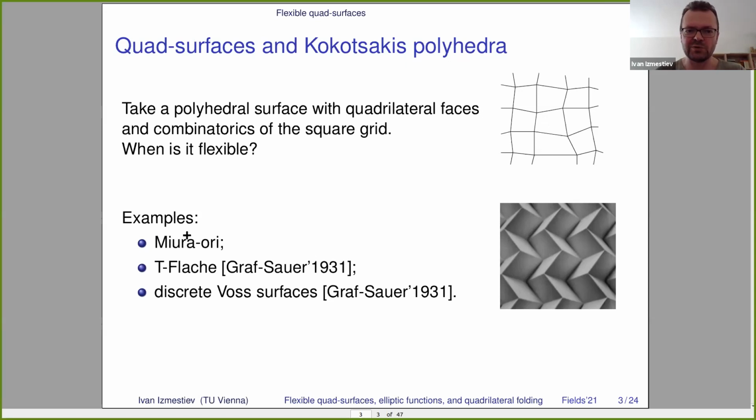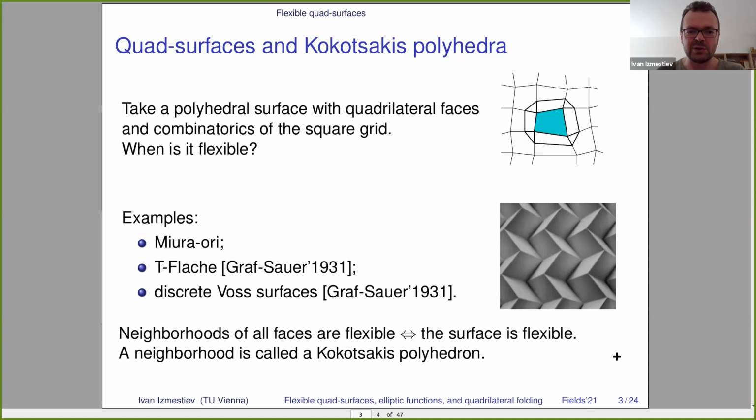One famous example is the Miura-Ori fold, which is shown here on the right bottom. This is a surface that flexes, and it has numerous applications in engineering and even the space industry. There are other classes of flexible surfaces described almost 100 years ago, but the question of characterization of all these surfaces was open until recently.